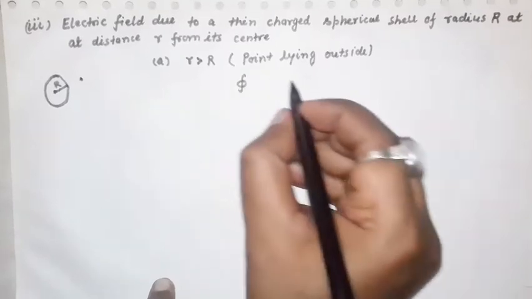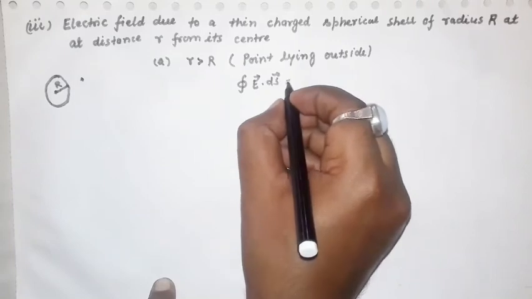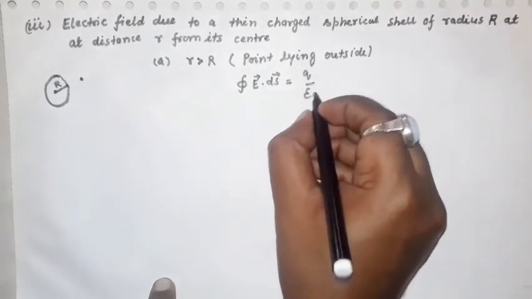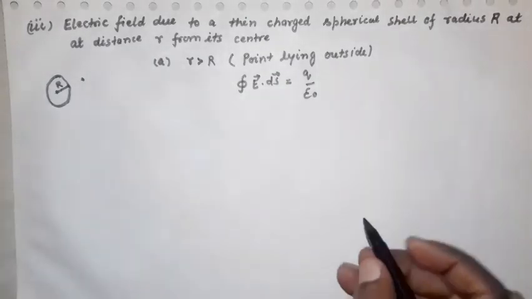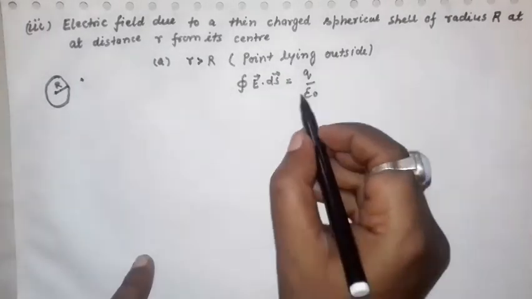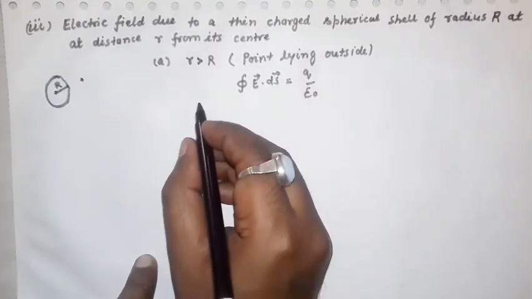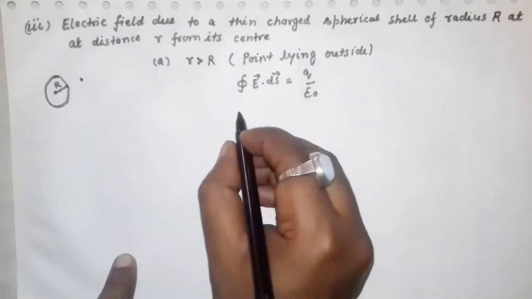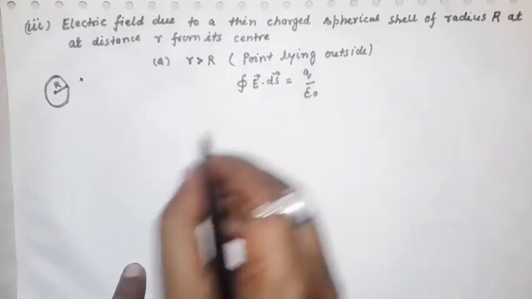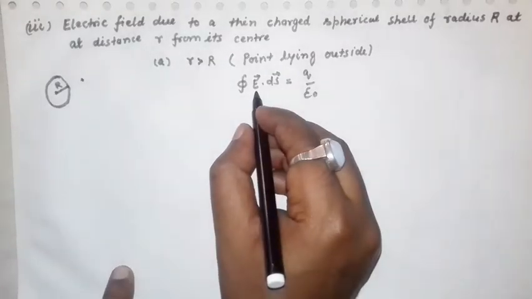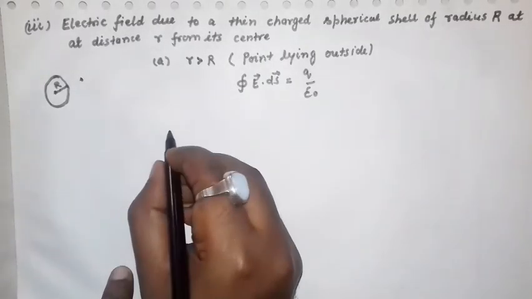From Gauss theorem we know that E ds equal to q upon epsilon naught. So we have to calculate the total electric field flowing through the surface and total charge. Here E and ds are in the same direction. Direction of electric field and surface vector are the same.